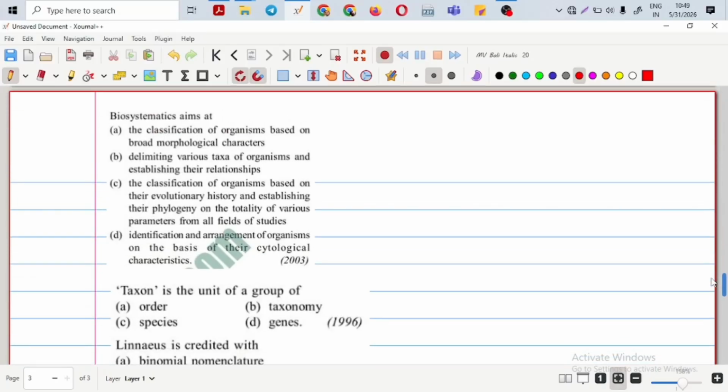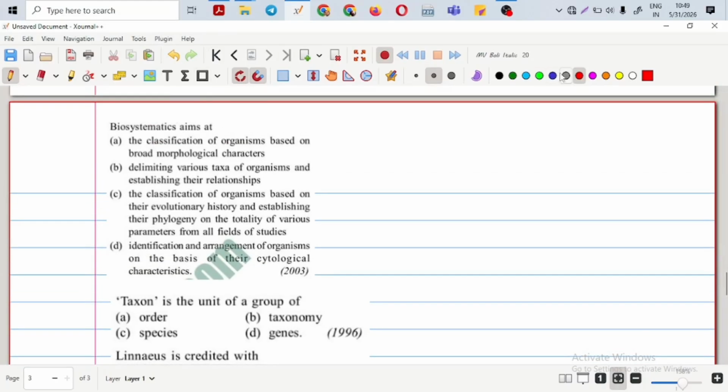The biosystematics. This term is very important. It is a question about biosystematics. The biosystematics aims at classification of organism based on broad morphological characters, delimiting various taxa of organisms and establishing their relationships.